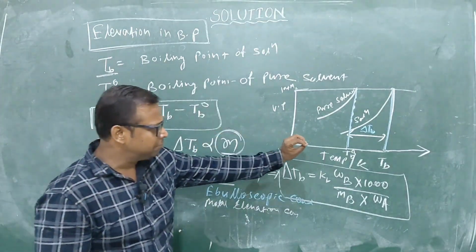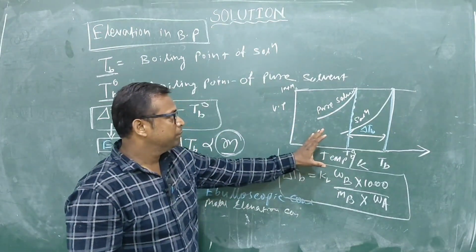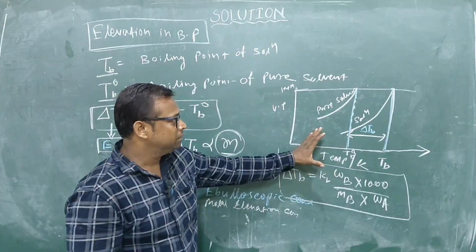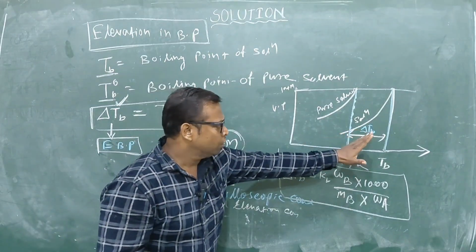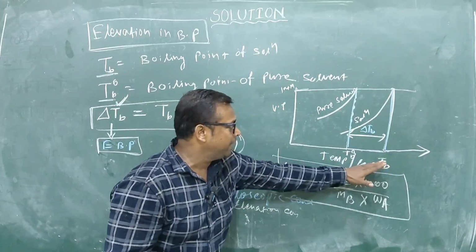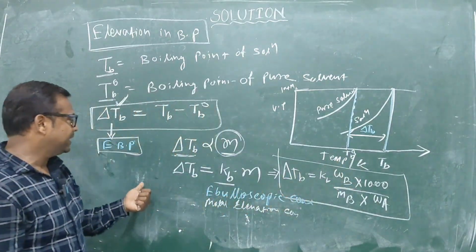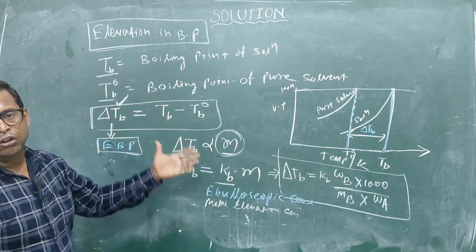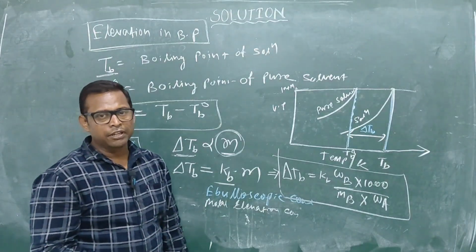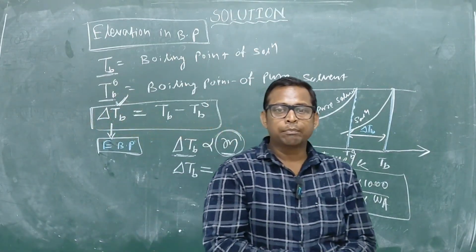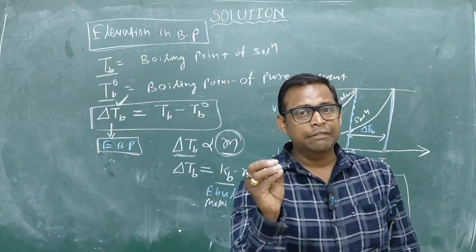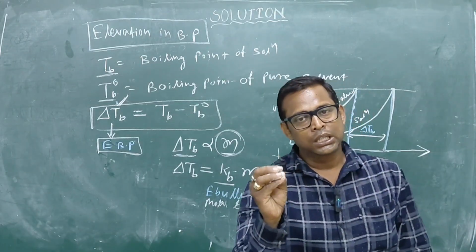This graph clearly explains that the solution has a higher boiling point than the pure solvent, and that difference is delta TB, a colligative property. So in this way we completed the second colligative property, elevation in boiling point, in short EBP.